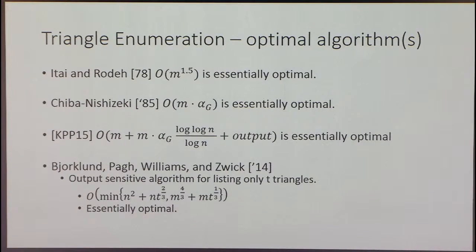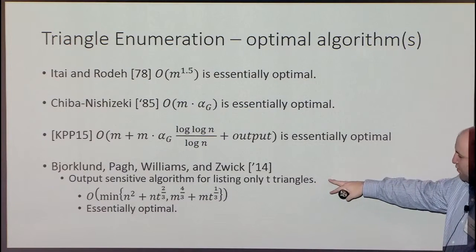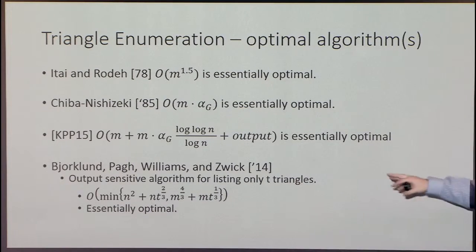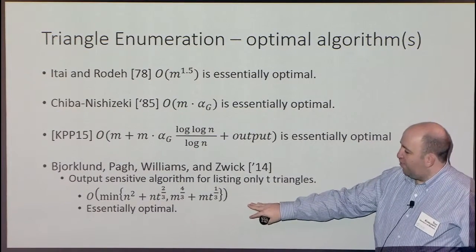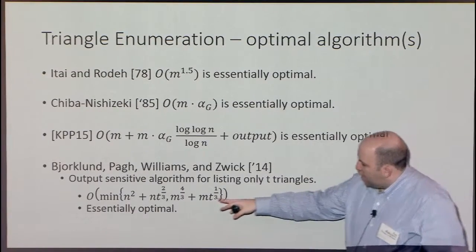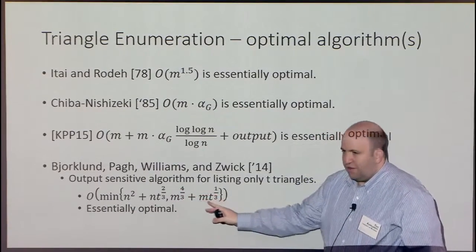And there's also a recent paper by Björklund, Pagh, Vassilevska Williams, and Zwick, where they showed an output-sensitive algorithm for listing only T triangles. This is the type of runtime that they get, assuming that the matrix multiplication constant is 2. And we also managed to show this is essentially optimal. Now, this was actually not possible to show from the 3SUM conjecture using Michal Pătrașcu's ideas, because you get stuck over here and you can't say anything about this part.